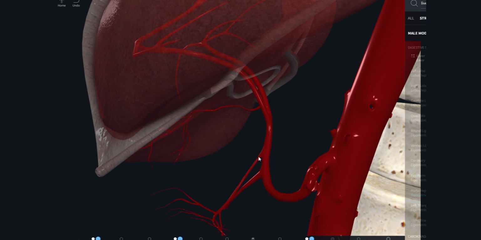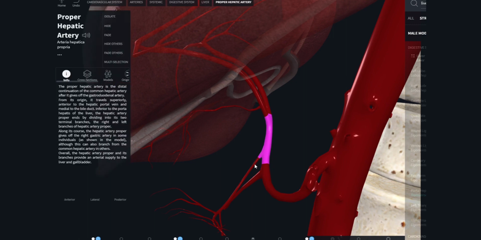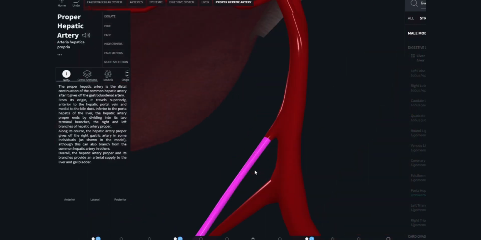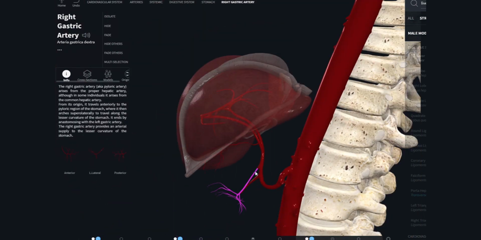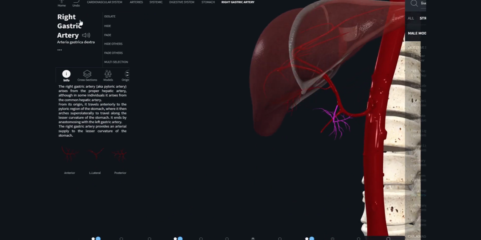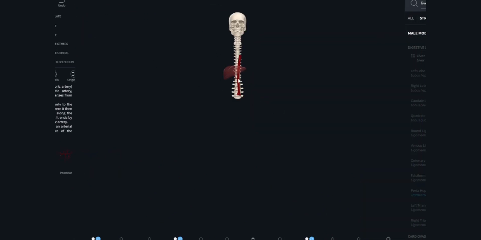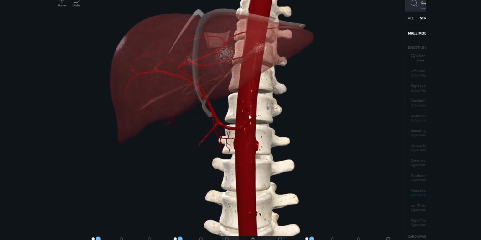And then we have this, which I think is the short gastric. No, this is the right gastric artery, not the short gastric artery. The short gastric artery comes off somewhere from here.